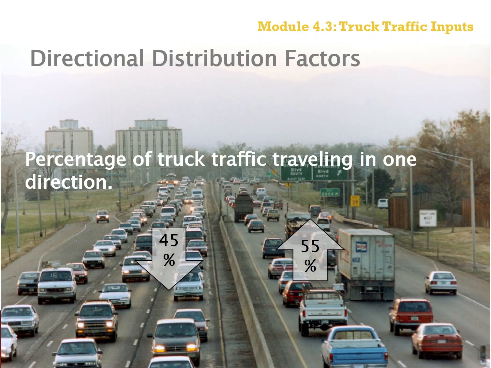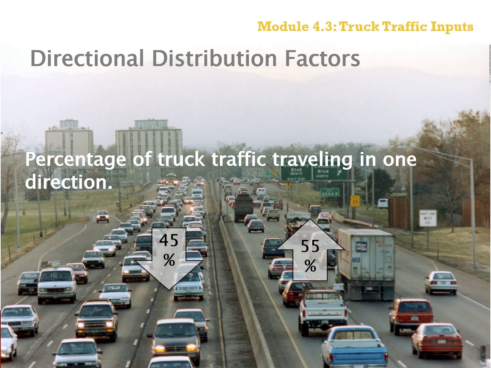The MEPDG Manual of Practice provides some guidance on the different directional distribution factors by roadway classifications, which were derived from traffic data collected within the long-term pavement performance program.